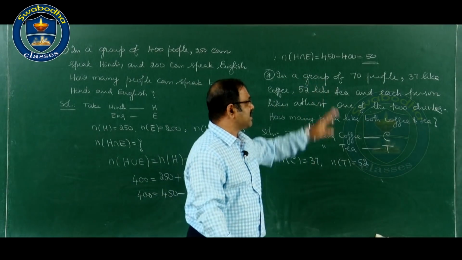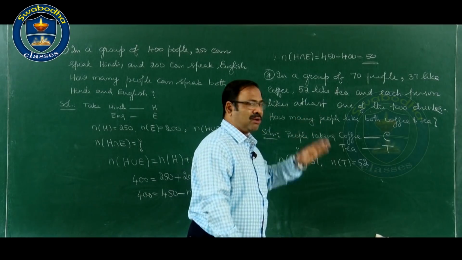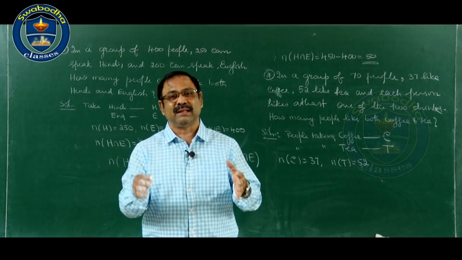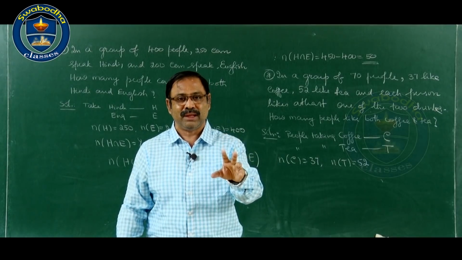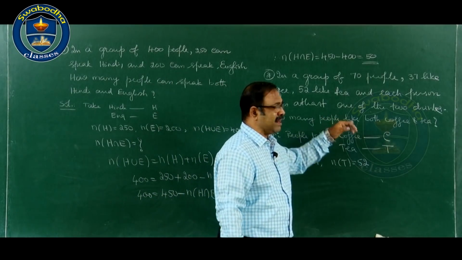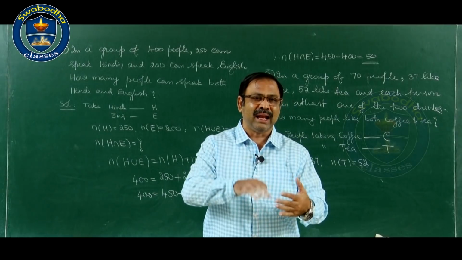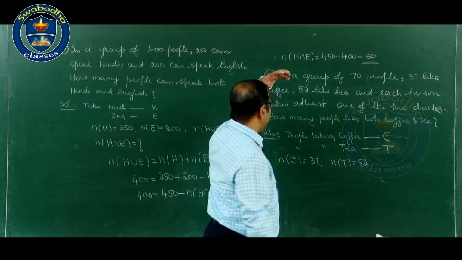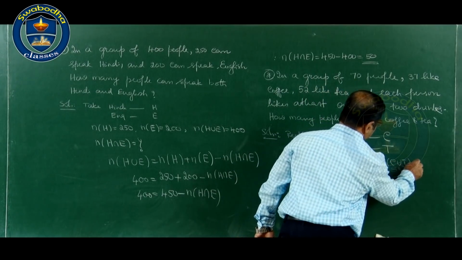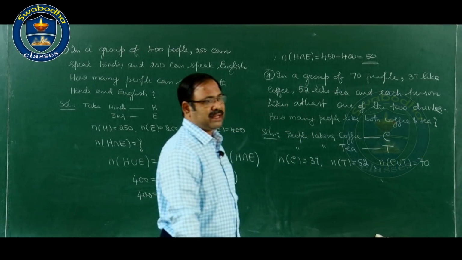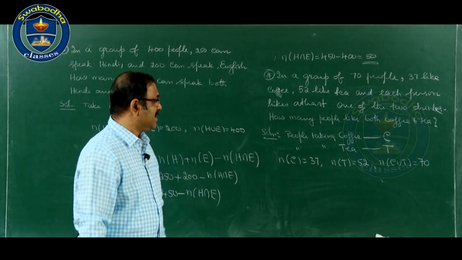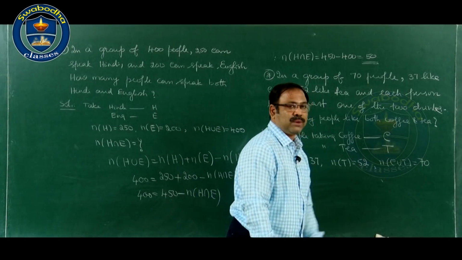That means in the given total strength, they prefer coffee or tea, at least one of the two drinks. At least means there are two drinks, so you can take one or you can take both. That is the meaning of at least here. At least means either only coffee, or we are taking both. So the total strength is given to be 70. Therefore, we can write C union T is equal to 70. That is, the people who like at least one of the two drinks. So, N of C union T is equal to 70.